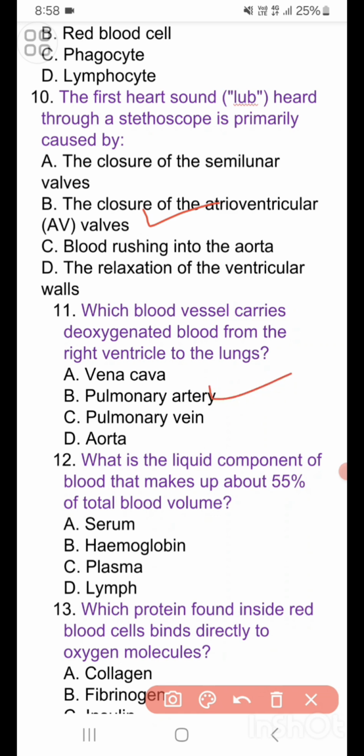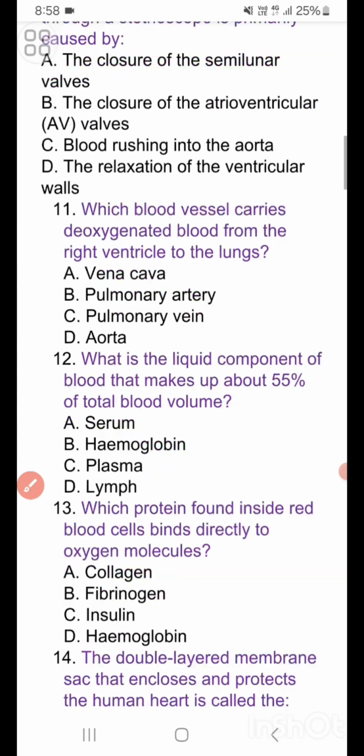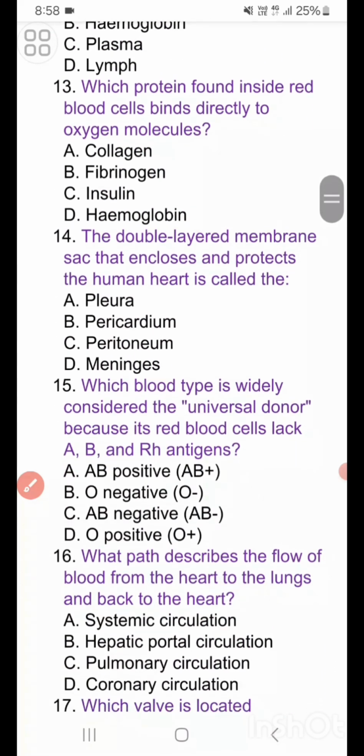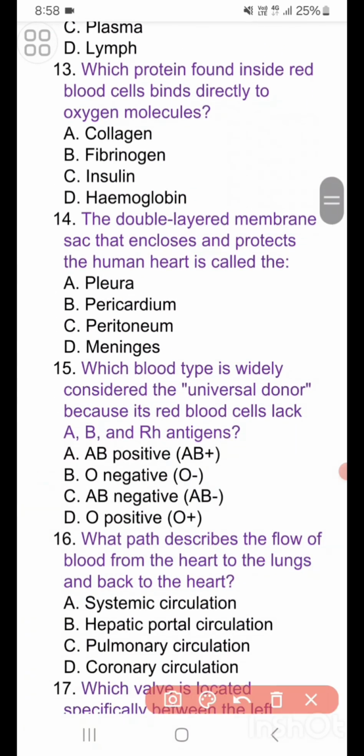What is the liquid component of blood that makes up about 55% of total blood volume? Plasma. Which protein found inside red blood cells binds directly to oxygen molecules? Hemoglobin.